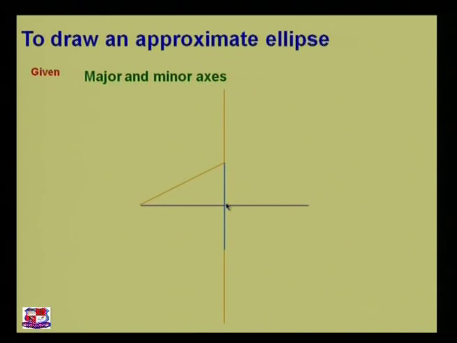The next portion: we have got the center point over here like this. Put the compass center over here, exactly at the center, and draw one quadrant arc.